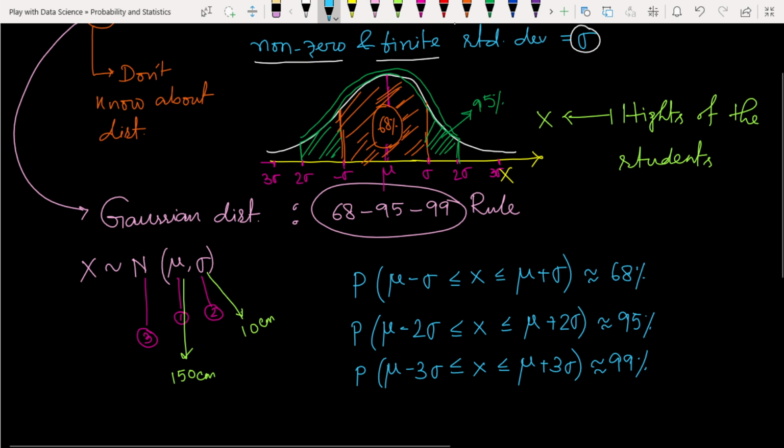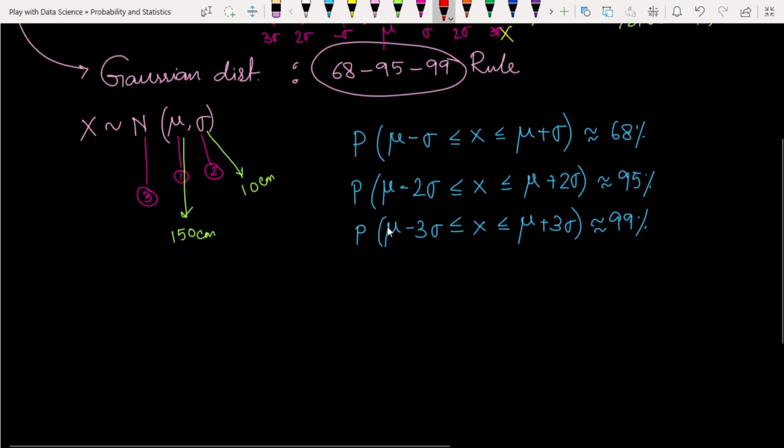It's telling us that in this range, from here to here, it's about 99%. This is the 68, 95, 99 rule that we have seen.